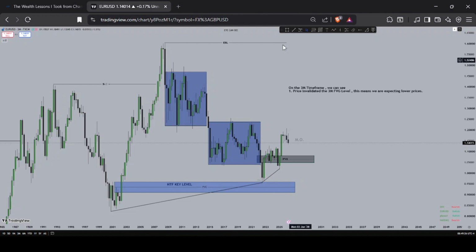Most of the time, we say when price moves, it does four things. Why does price move? Price moves to fulfill one of these four things. One is to hunt liquidity. Two is to generate liquidity.